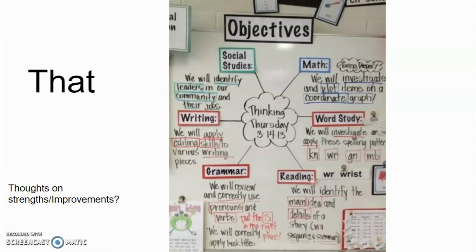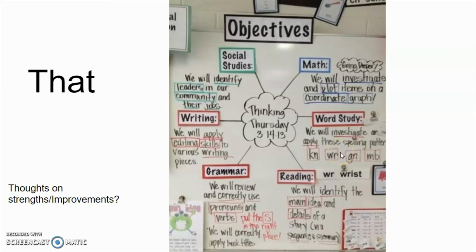However, I think the look of this is not, it is neat, but it doesn't really appeal, especially to younger students. Maybe this would be in an older classroom, like middle school, but I can see with this word study one, the fact that there's those spelling patterns in it tells me that this is a younger classroom. So this may not be the best way to present that to kids.